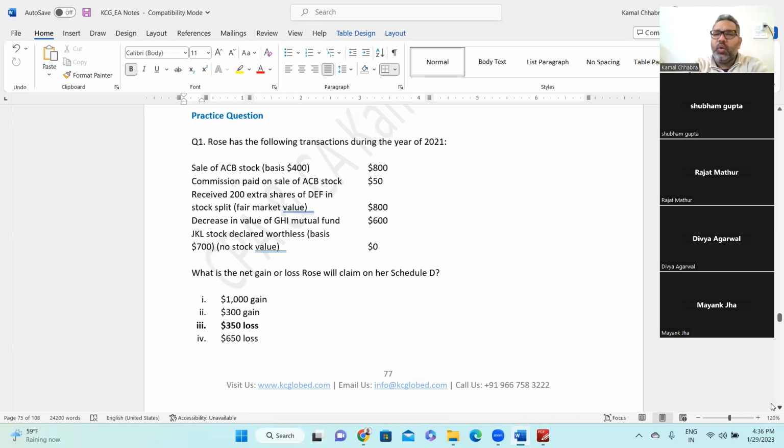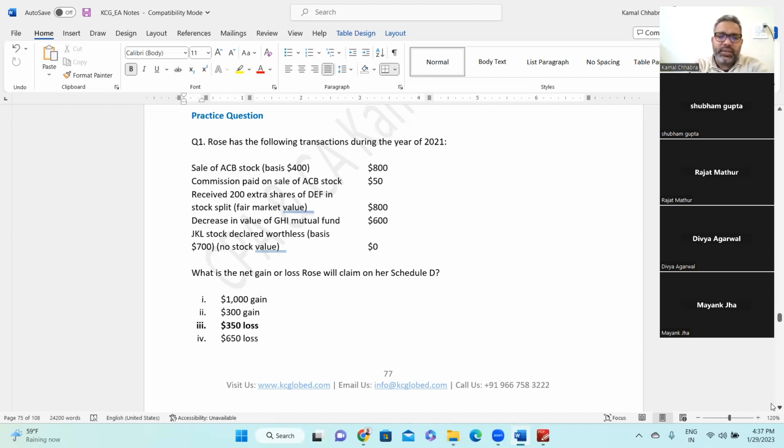So the ultimate value will remain the same, but the number of shares will change. That is called a stock split, right? So they are saying receive 200 extra shares of DEF in a stock split, market value 800. So it means no change, right? Because a stock split does not impact the value. Make sense? We'll be discussing this topic in detail today.